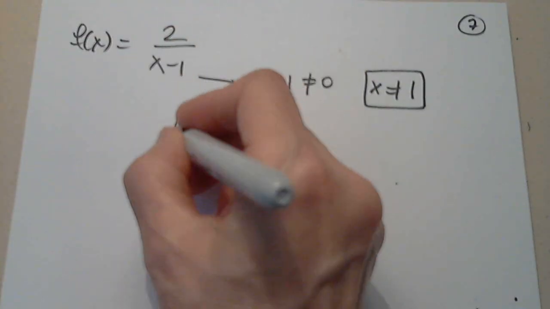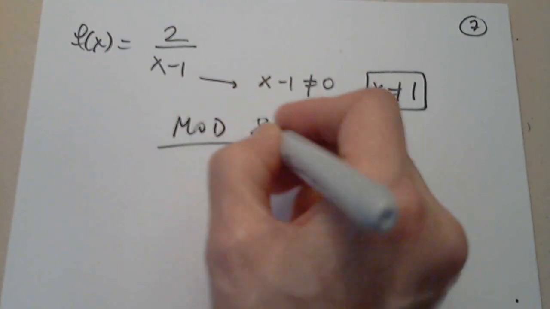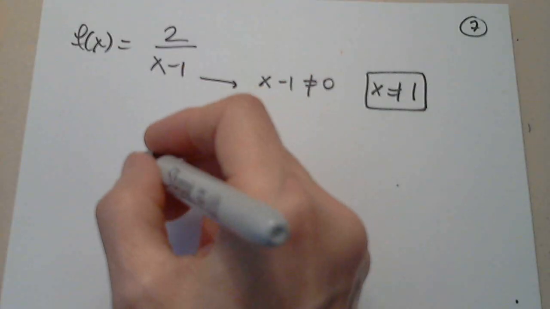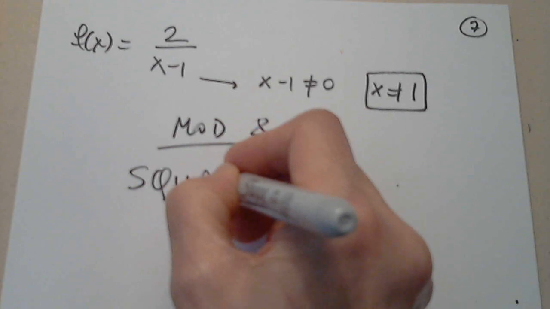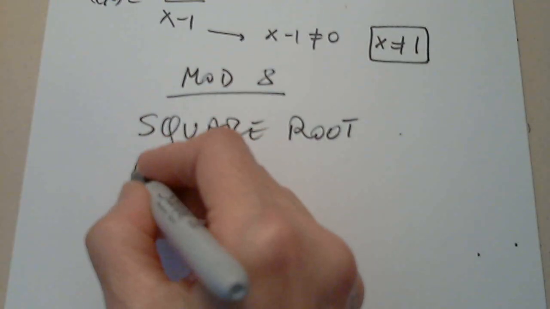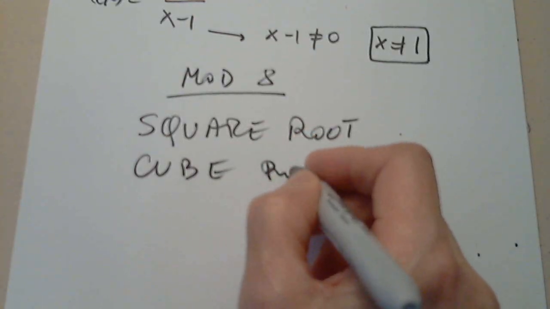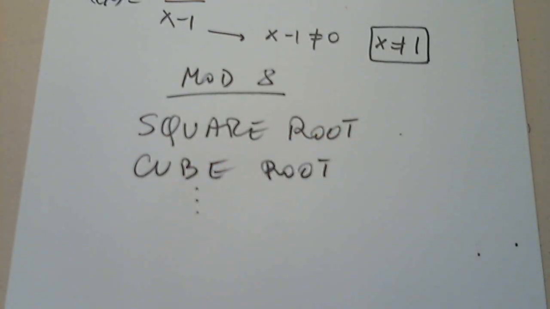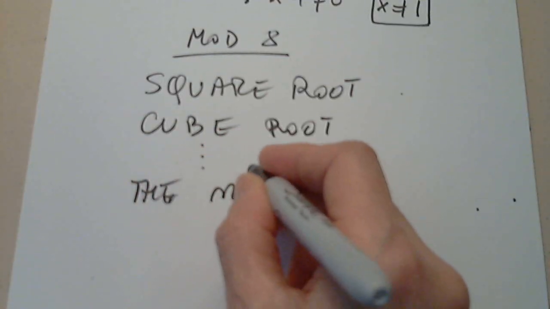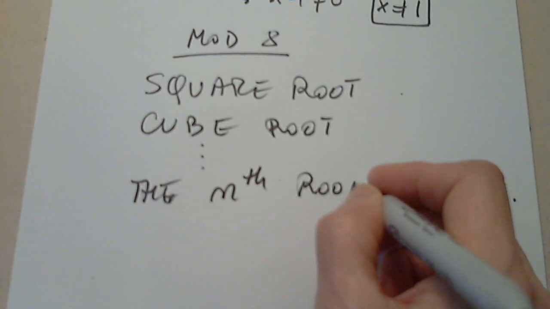So Mod 8, we're going to talk a lot about roots. The first one is the square root. The next one will be the cube root. And so on, and in general we're going to call it the nth root.